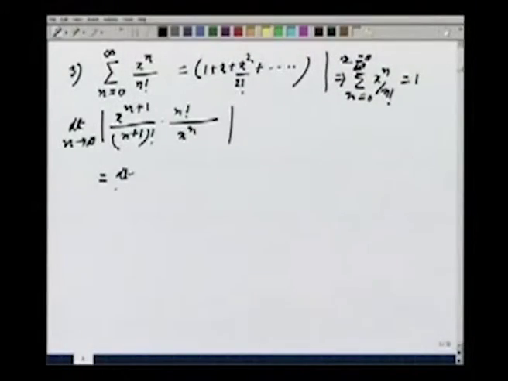So in that case I can certainly divide and go to the ratio test. What I get in this case is limit n going to infinity of modulus of x divided by n plus 1.